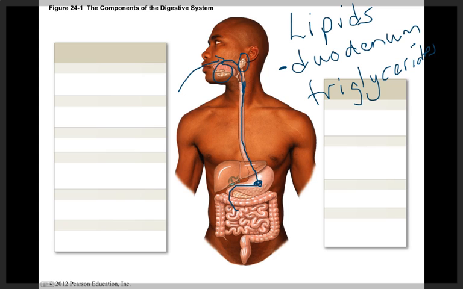So the triglycerides enter into the small intestine as large lipids. Okay, and then what's going to happen is that these large lipid drops are going to break down into tiny droplets.